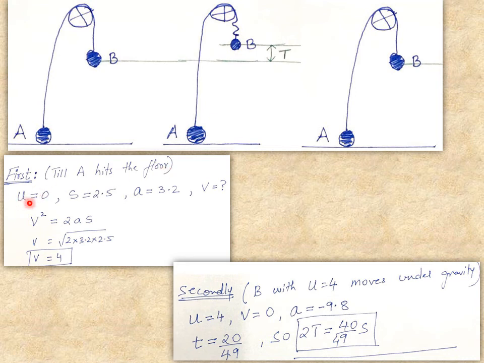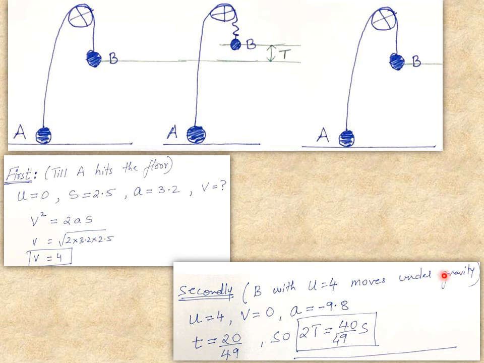Basically we just have to find T and then multiply it by 2. Till A hits the floor, we know initially U was 0, and they gave us the acceleration. Using V square is U square plus 2AS, you get V equals 4. Then B with U equals 4 moves under gravity.